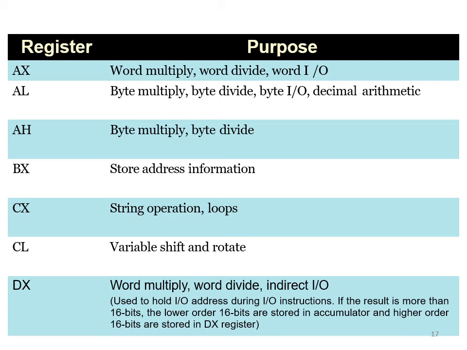The DX register is to hold the IO address during IO instructions. If the result is more than 16 bits, the lower order 16 bits are stored in the accumulator, and the higher order 16 bits will be stored in the DX register.